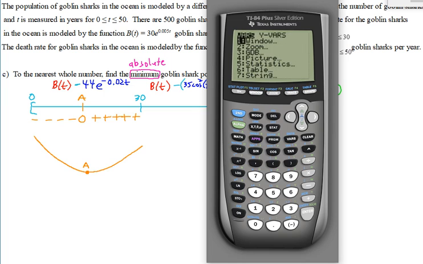So vars, y variable, y1 minus y3. And before we graph it, let's change the window size. Again, it's the x min and max we really need to focus on, because it applies from 30 to 50. So x minimum 30, x maximum 50, and graph.